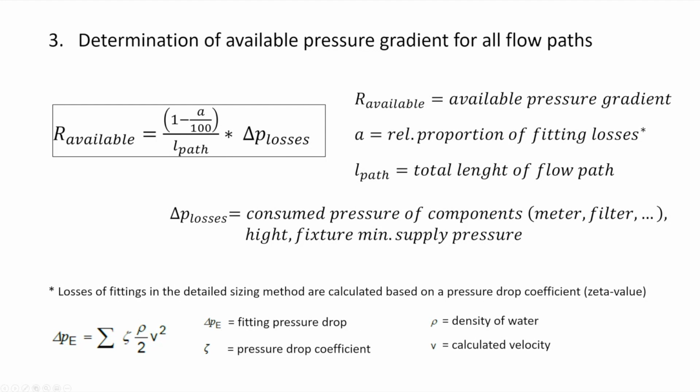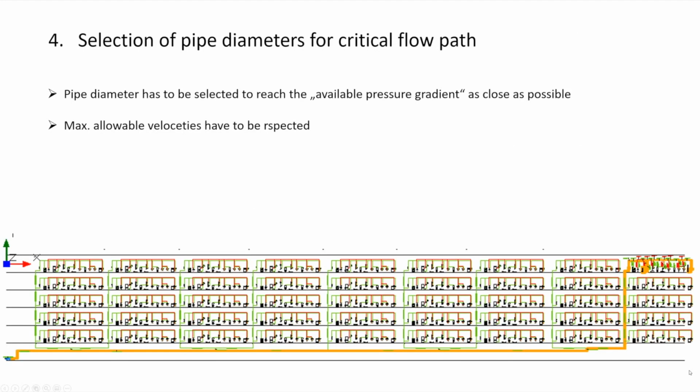If we then go to the next slide, there we see our building. This is the 45 apartment building. The yellow marked flow path is the critical flow path. We start with this flow path, the flow path that specifies my available pressure gradient at the beginning.